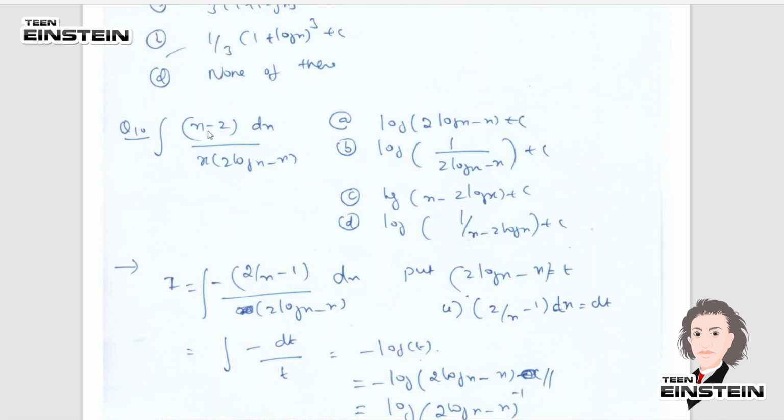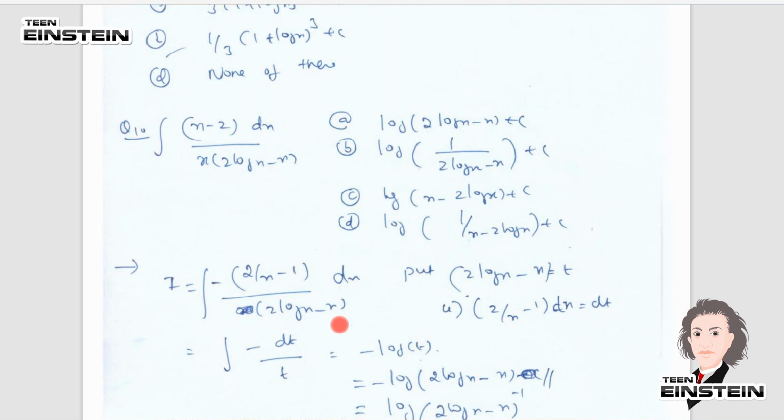So first I am going to divide the numerator by this x. So x by x is 1 and minus 2 by x. Take the minus sign outside. So minus of 2 by x minus 1 dx upon 2 log x minus x.